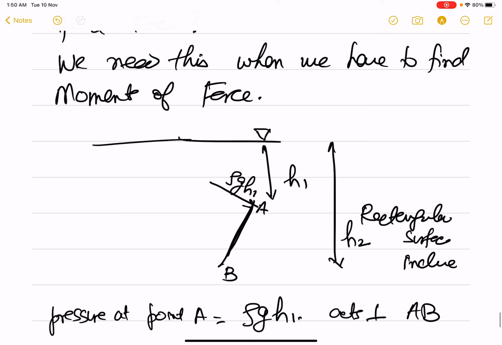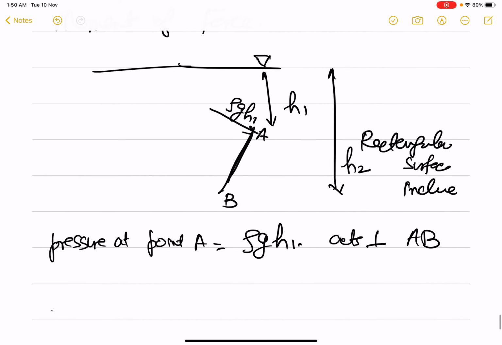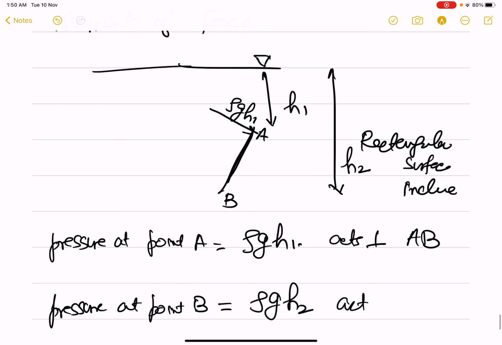Now what is the pressure at point B? This will be equal to rho g times h2, and again it acts perpendicular to AB. This is a planar surface.